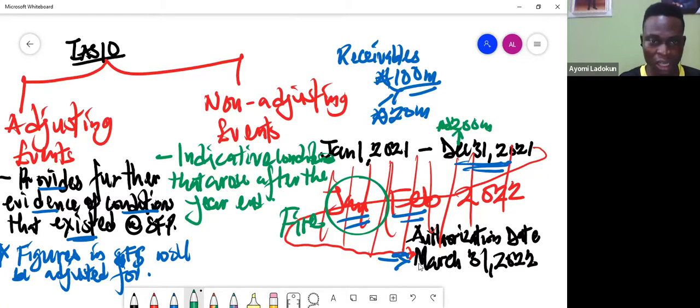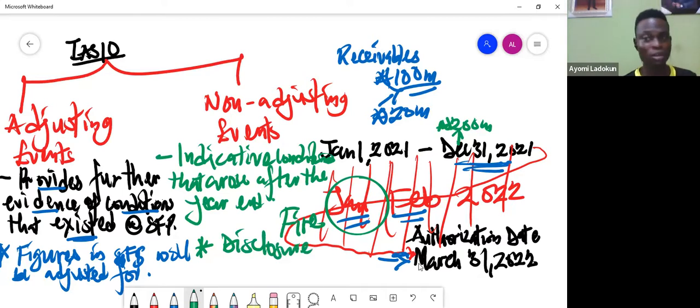And as such, if you have a non-adjusting event, what is the accounting treatment in the accounts? It only requires a disclosure. According to IAS 10, it only requires a disclosure.